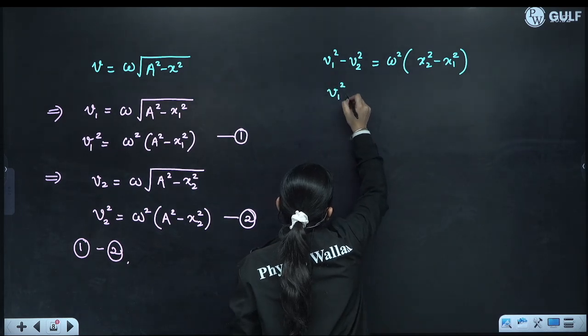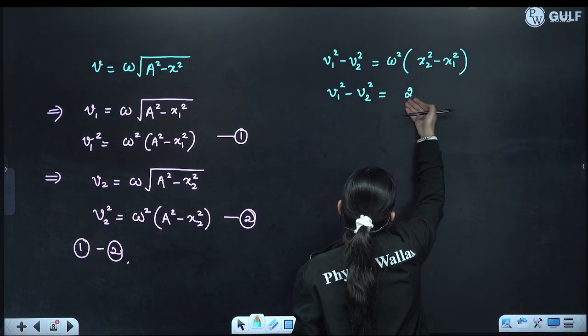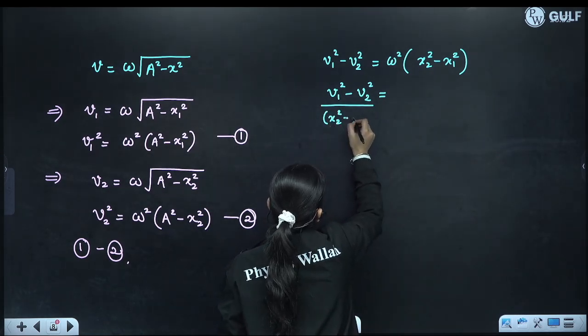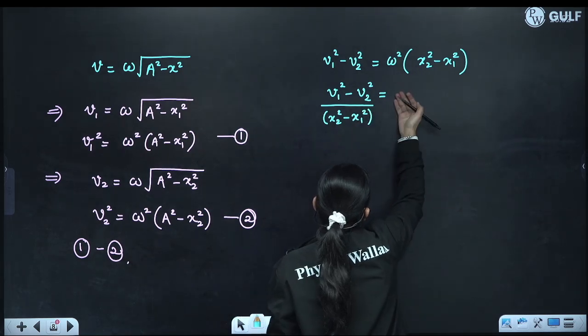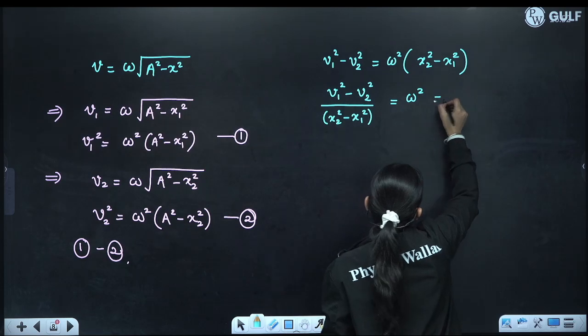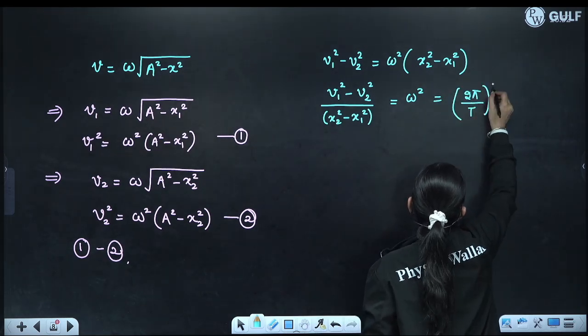So v1 square minus v2 square divided by x2 square minus x1 square is equal to omega square, which is equal to 2 pi by T whole square.